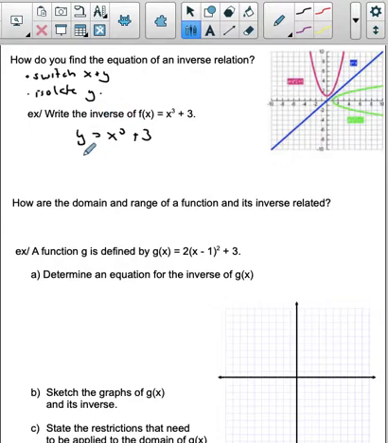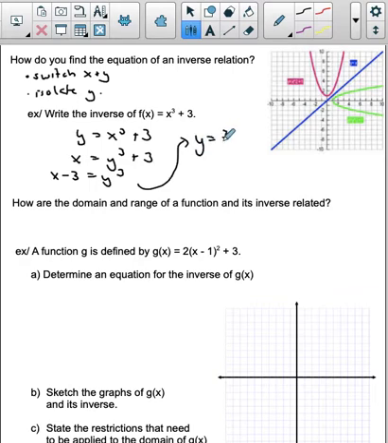Then I'm going to switch x and y. So I have x equals y cubed plus 3. Now I have to isolate y. So I'm going to bring my 3 over. So x minus 3 equals y cubed. And then I have to take the cubed root to isolate y. So y would equal the cubed root of x minus 3.